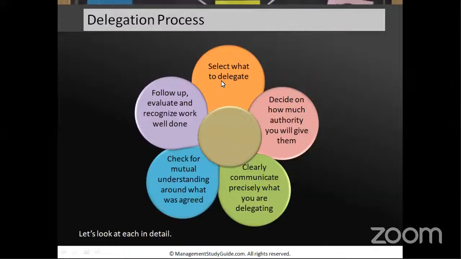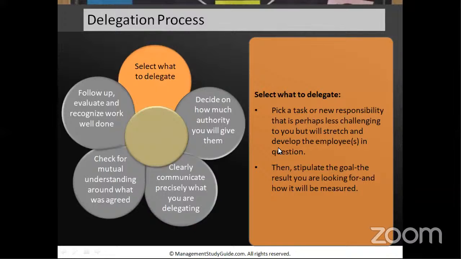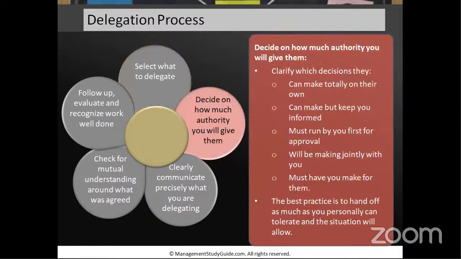So now quickly, let's look at the delegation process in detail. The first one is selecting what to delegate. Pick a task or new responsibility that is perhaps less challenging to you, but will stretch and develop the employees in question. Then stipulate the goal, the result you are looking for, and how it will be measured.